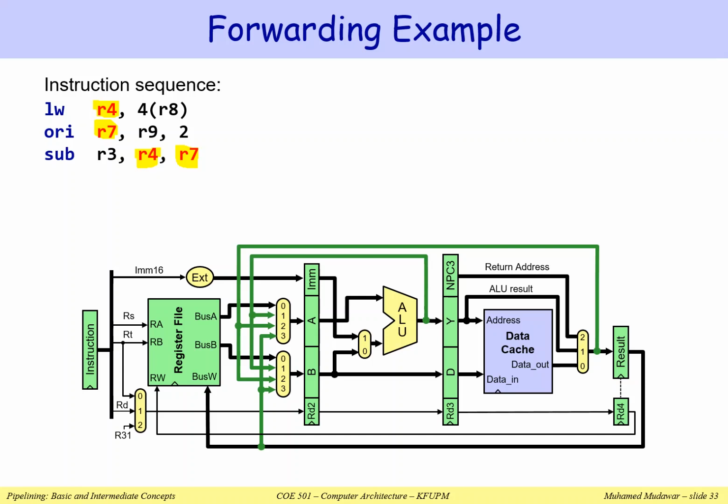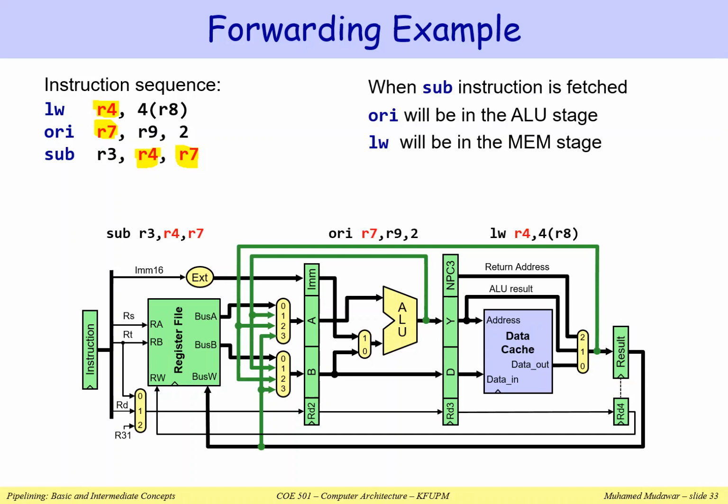Now, by the time we have fetched the subtract instruction, the subtract instruction will exist in the second stage of the pipeline. So here we have the subtract instruction, and this subtract instruction exists at the output of this instruction register.